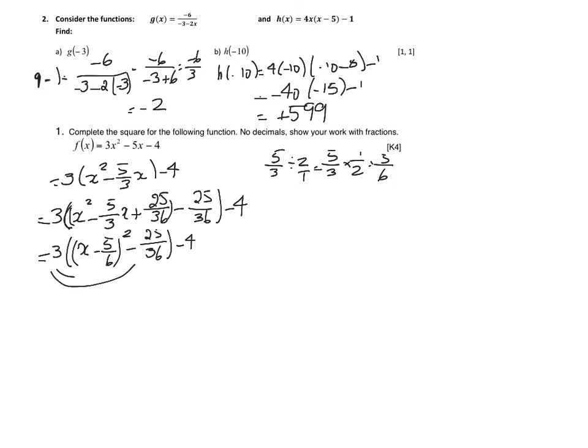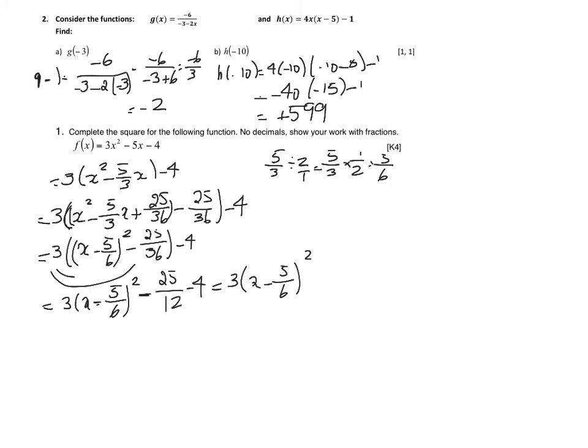Now distribute 3 inside the bracket, we get 3 times (x minus 5 over 6) squared minus, now 3 times 25 over 36 is going to give me 25 over 12, minus 4.